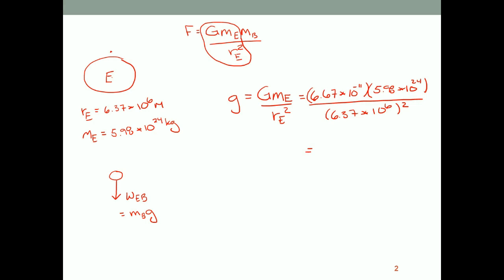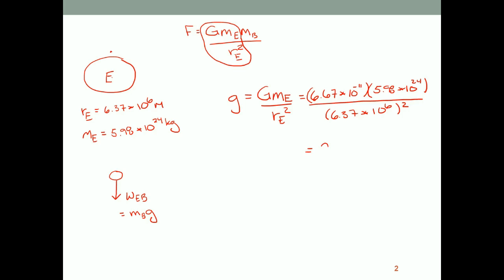So, pull out our calculators and start putting this in. 6.67 times 10 to the minus 11 multiplied by 5.98 times 10 to the 24th and divide by 6.37 times 10 to the 6th squared.